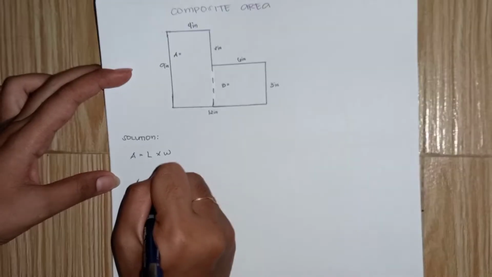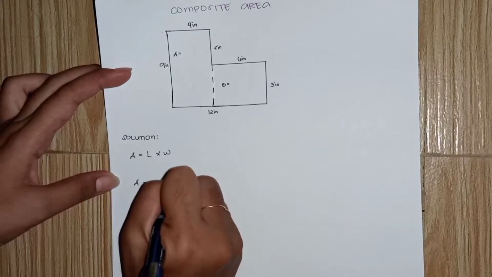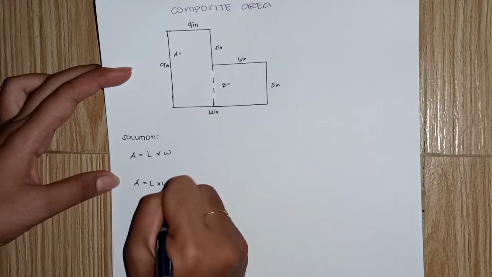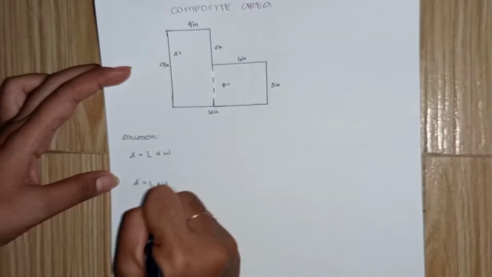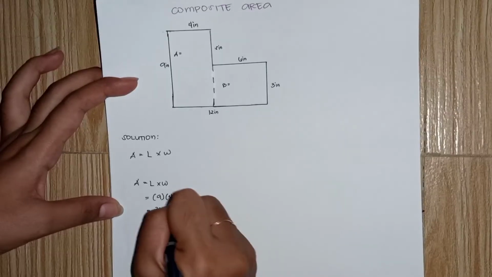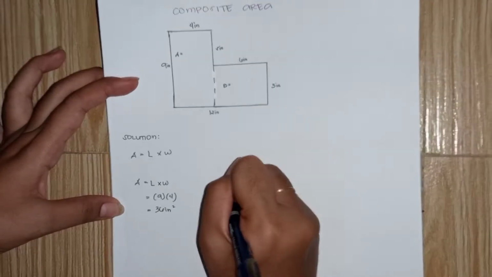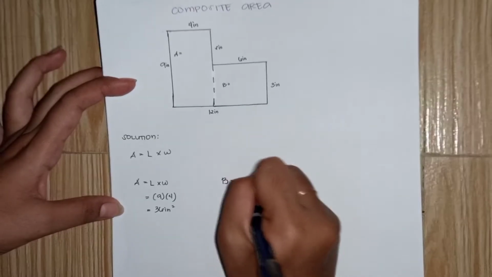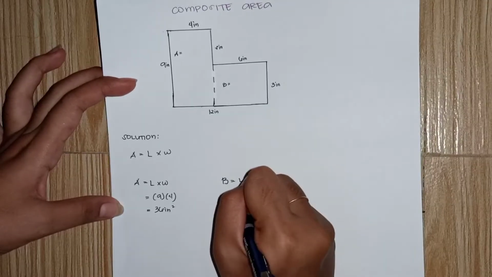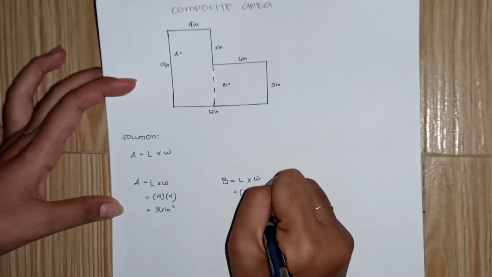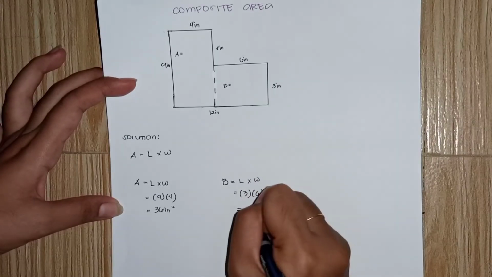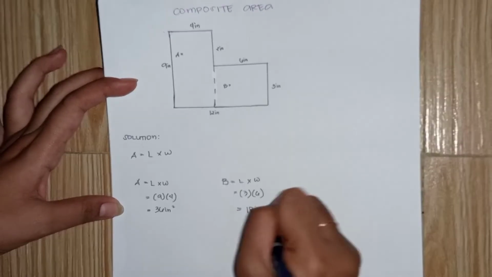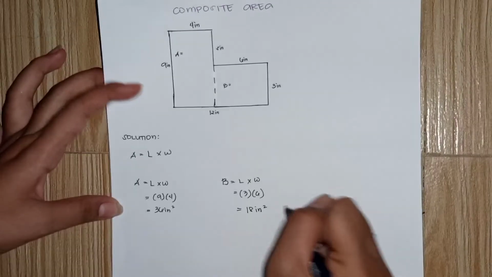A is equal to L times width is equal to 9 times 4 is equal to 36 inches squared. And for the B side, L times width is equal to 3 times 6 is equal to 18 inches squared.